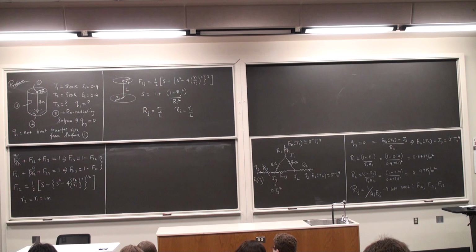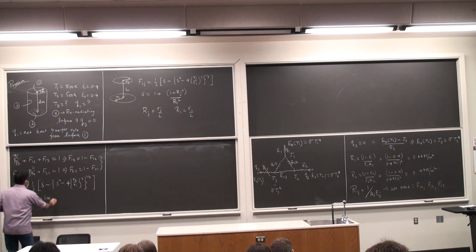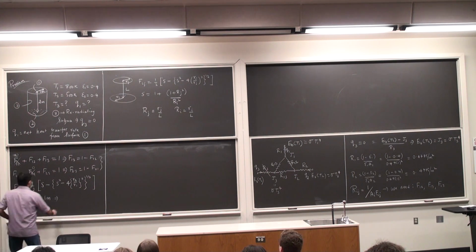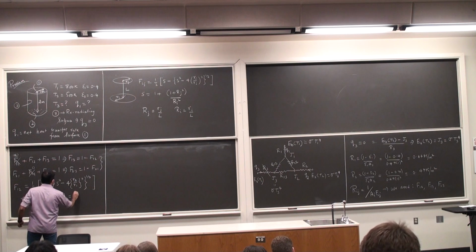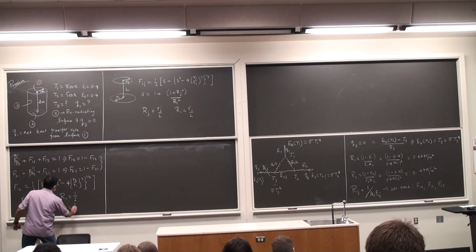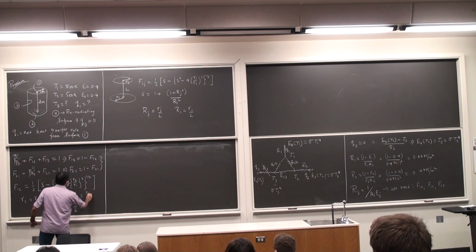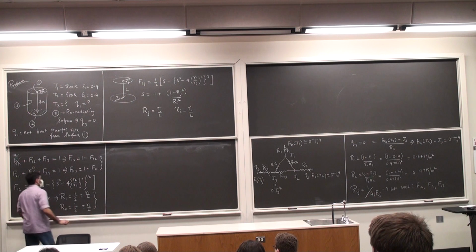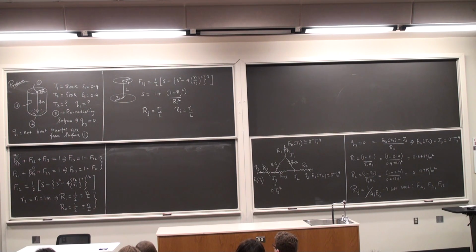I need to calculate S. To calculate S, I need this capital Rj and capital Ri, and you can say those are Rj by L and Ri by L. So capital R1 is 1 by 2. Capital R2 is 1 by 2. This is R1 by L, R2 by L. Please do not confuse these with the resistances R1 and R2. They are different. These are just for plug and chug in that formula.